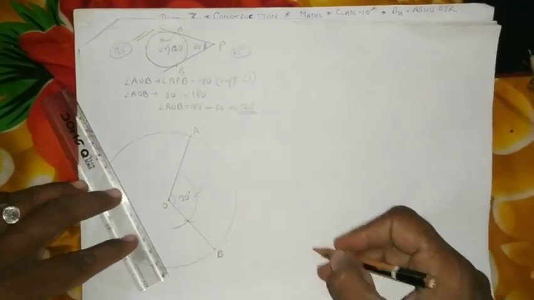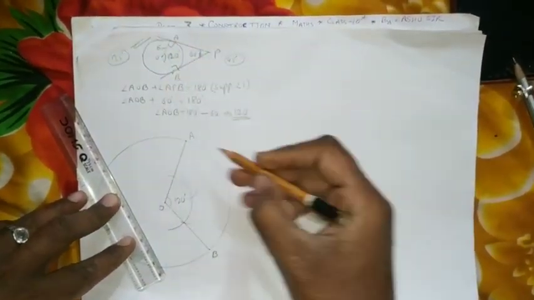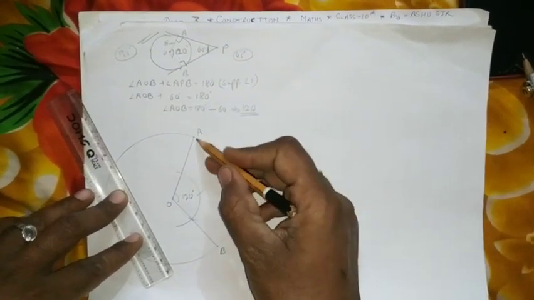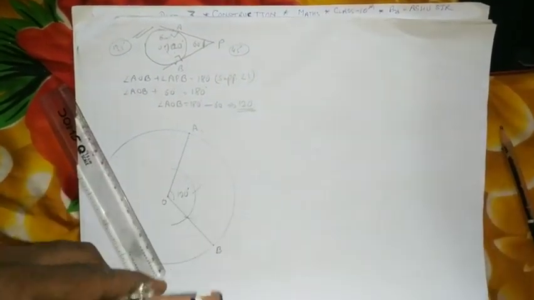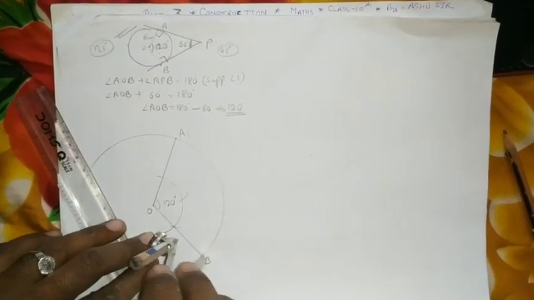Then you know that tangents make a right angle with the radius. So at the end point of the radius, we construct a right angle. So at both ends, A and B, construct a right angle.